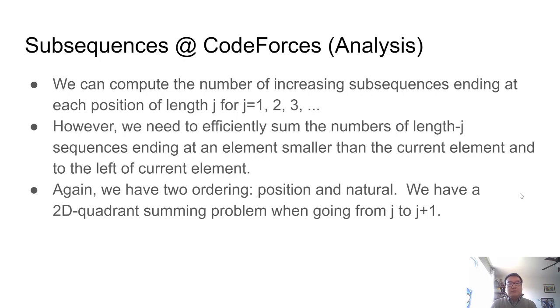Basically we compute the number of increasing subsequences ending at each position for increasing j value. While we are going from j to j plus 1, we can compute the elements in their natural order, so basically how big they are.